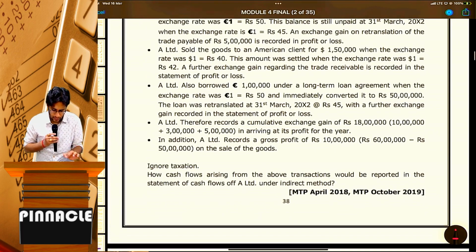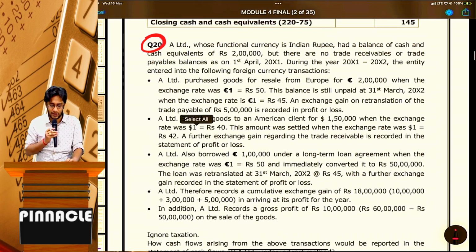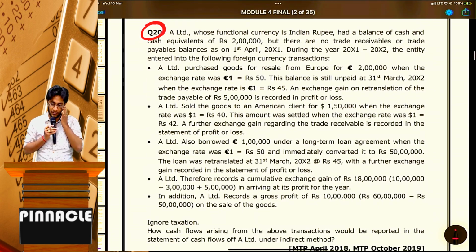But in this particular sum, whatever point I just now told you, they messed up that point. But otherwise it's a good question. Now, how many chances there are in the exam, I do not know. But in the MTP, I copied it. I'll give you my version of the answer also for this.